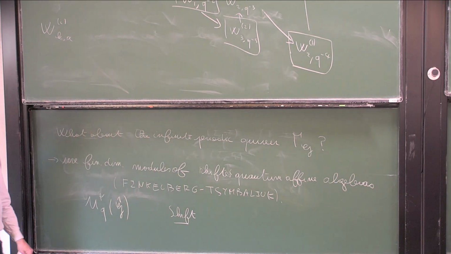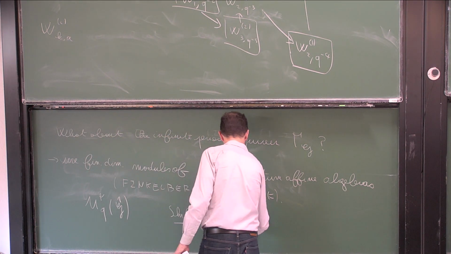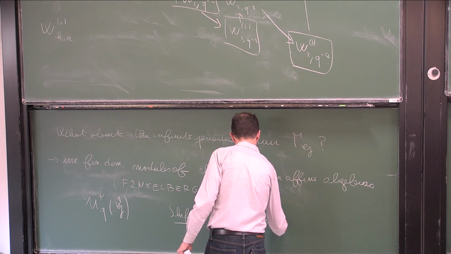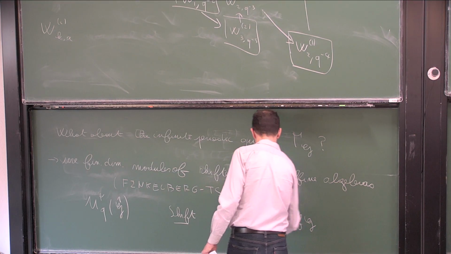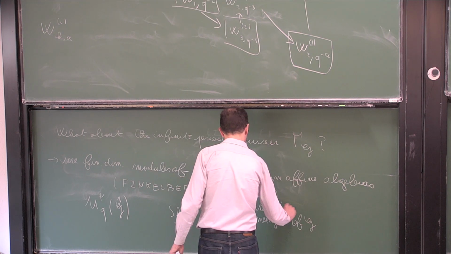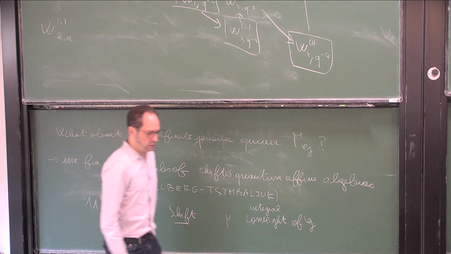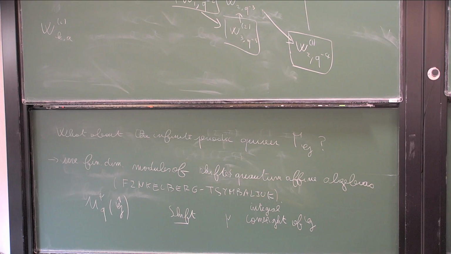It is a coweight of G, an integral coweight, or a weight of the Langlands dual algebra. So let me explain how it's defined. It's quite simple, in fact.